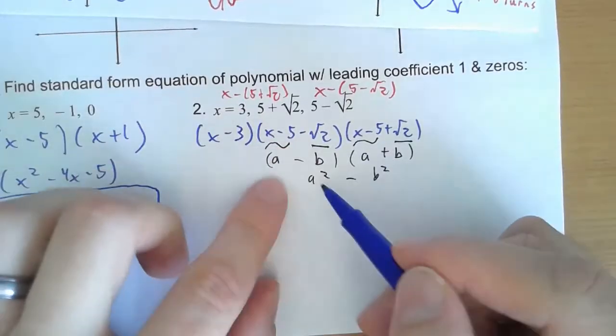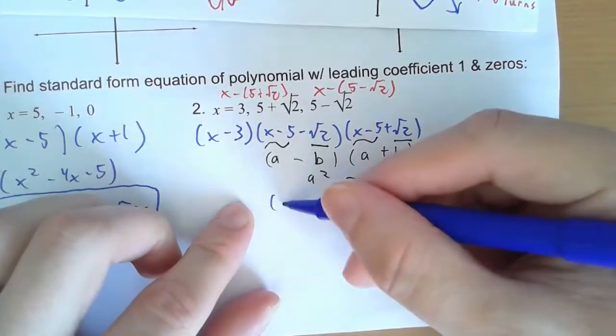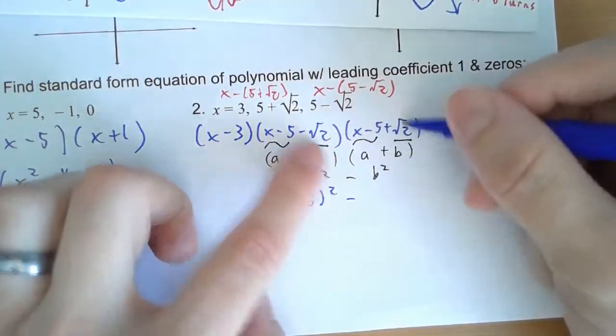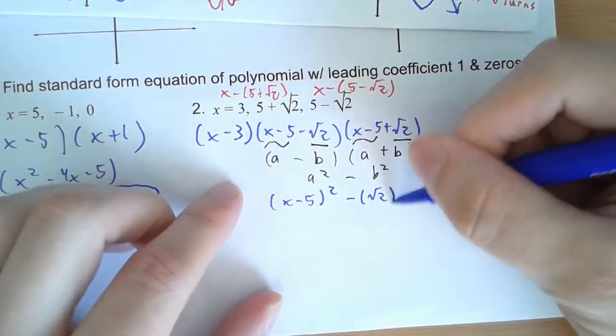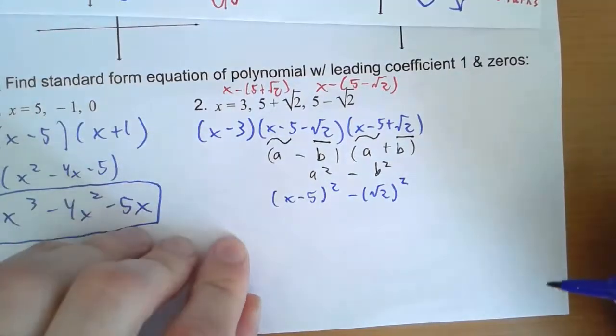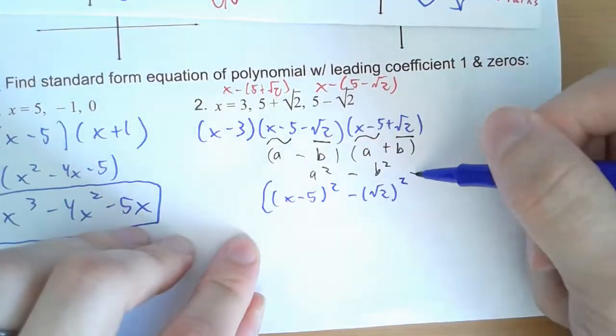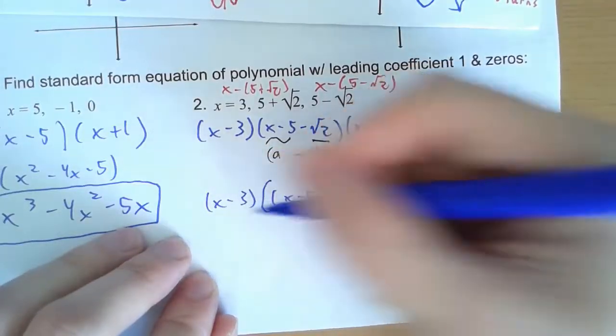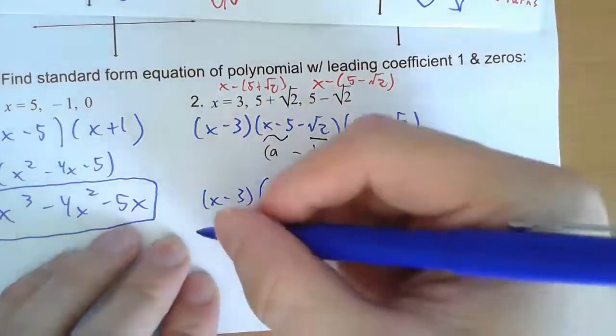We're going to have this x minus 5 was the a. We're going to have x minus 5 squared. And then b was the root 2, so minus root 2 squared. And so that's what we're going to get for this first multiplication part here. The x minus 3 is going to hang out for a little bit.